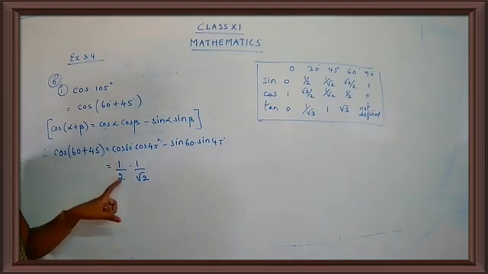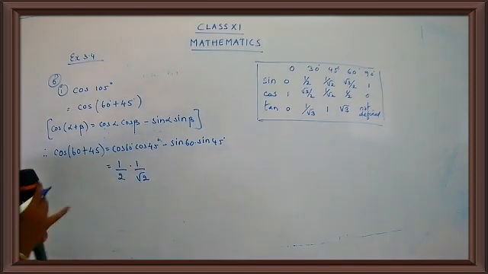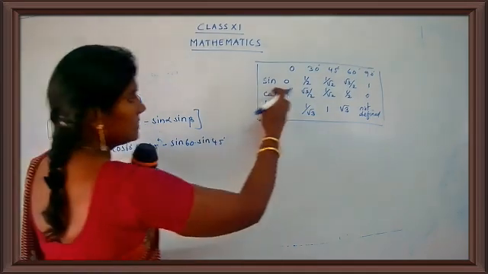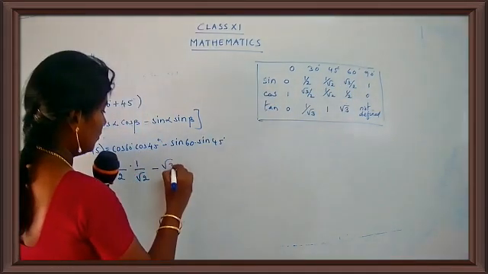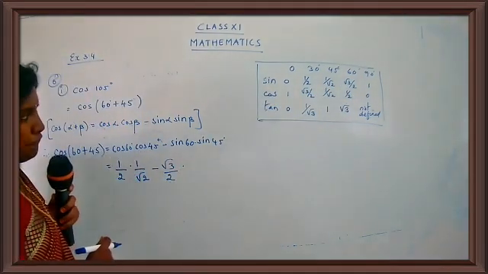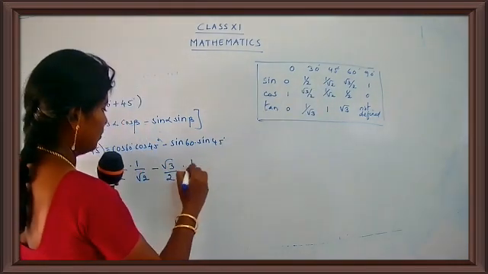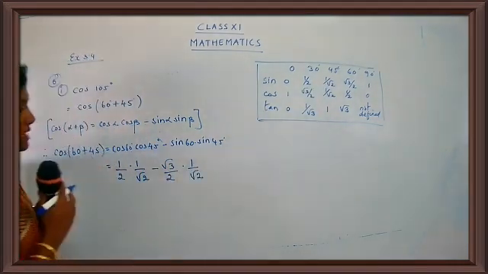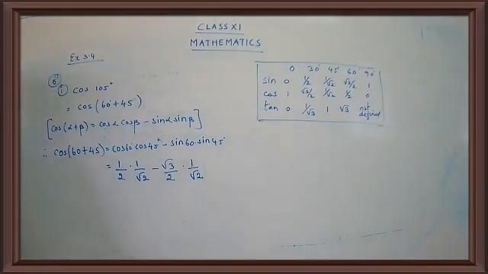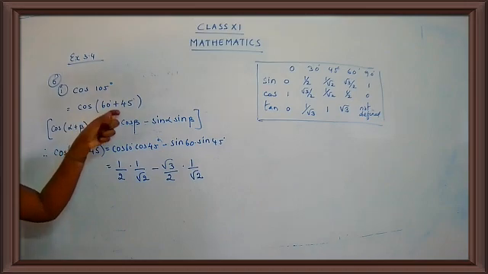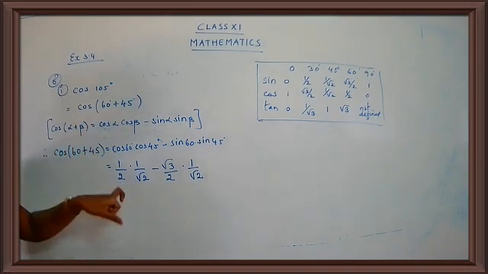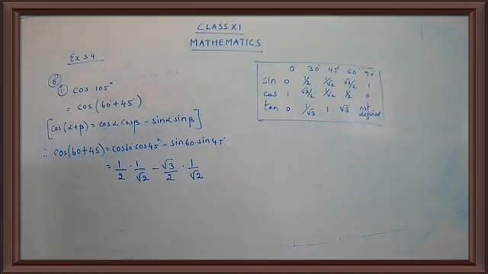So 1 by 2 into 1 by root 2, minus sin 60, which is root 3 by 2, into sin 45, which is 1 by root 2. So I have substituted the values. Almost all the values are known to us, that's why we have to choose the angle in such a way that it is known to us.